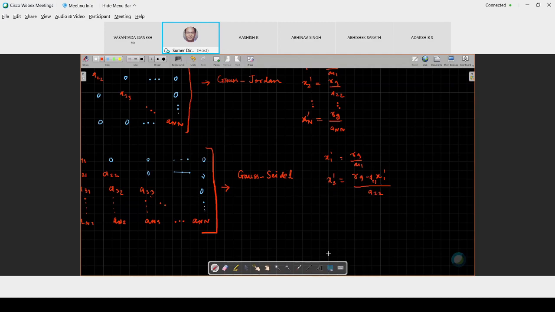Okay, similarly you can write other terms, and these are the corrections.